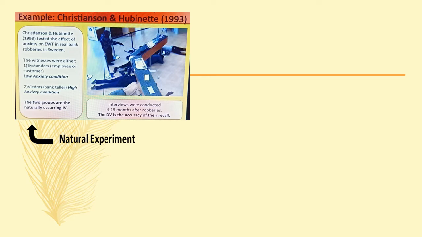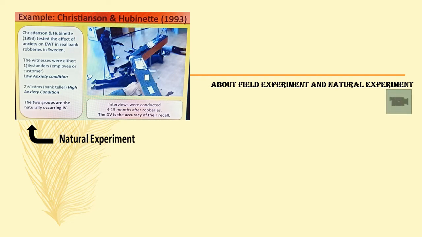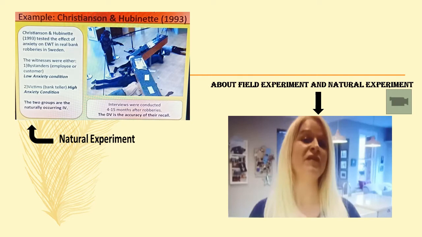The interviews were conducted 4 to 5 months after the robberies. The dependent variable is the accuracy of their recall. Okay, there is a difference between field experiment and natural experiment. That is why I have given you this example so that it becomes easy for you to understand. Now let us see about field experiment and natural experiment through this small video.